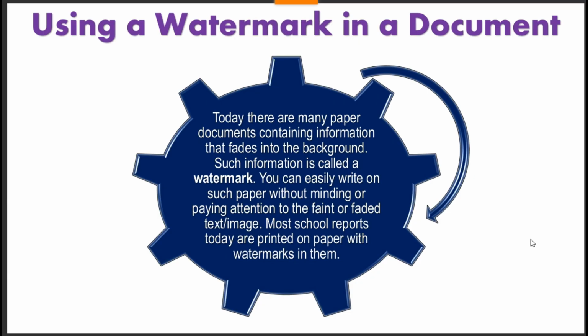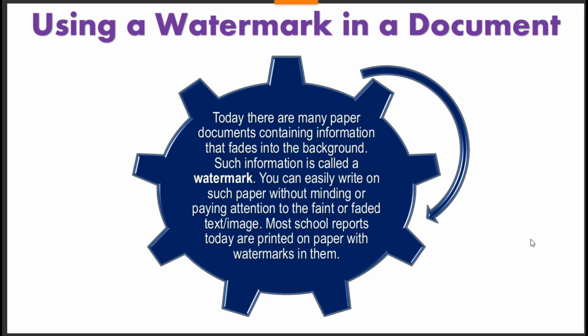Now, today, there are many paper documents containing information that fades into the background. Such information is called a watermark. You see? You can easily write on such a paper without paying attention to the faded text or image.